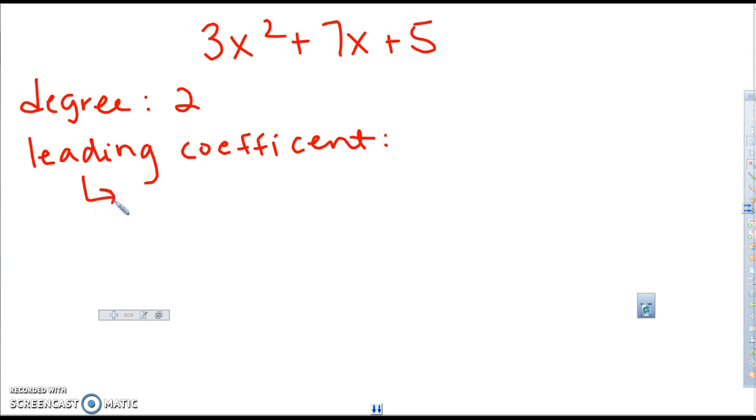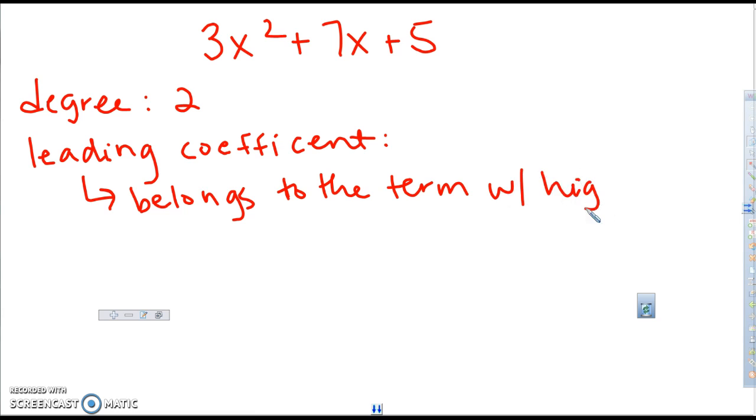The leading coefficient is the coefficient that belongs to the term with the highest degree.